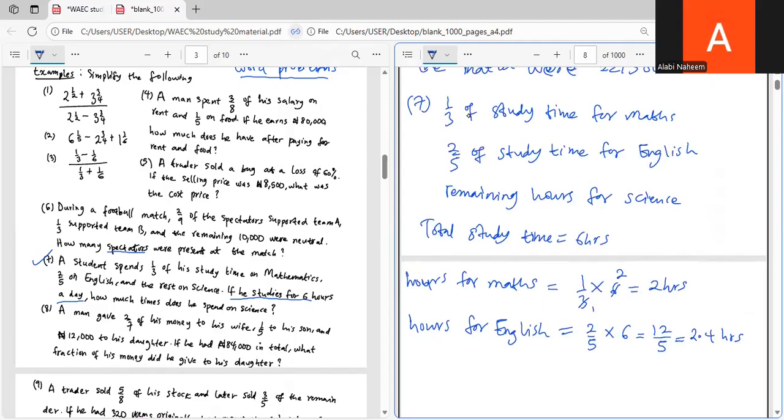So now we know the hours spent on mathematics and on English. Since we also know the total study time, we can deduct those two from the total study time.